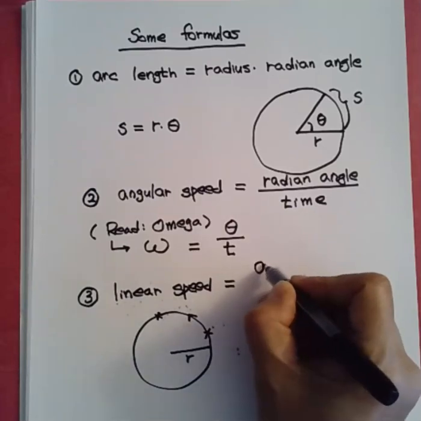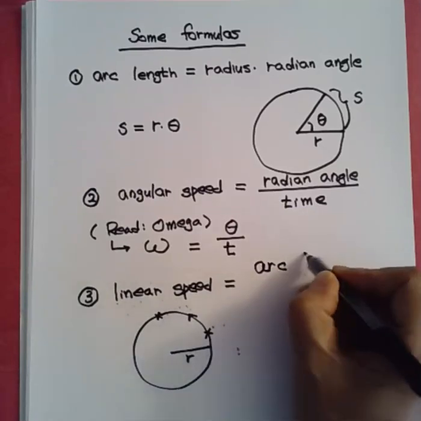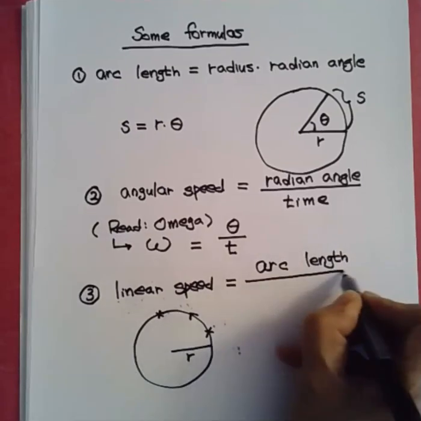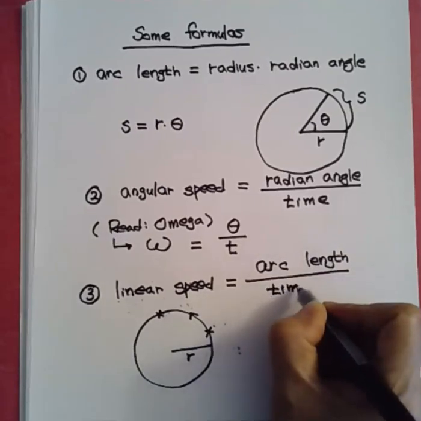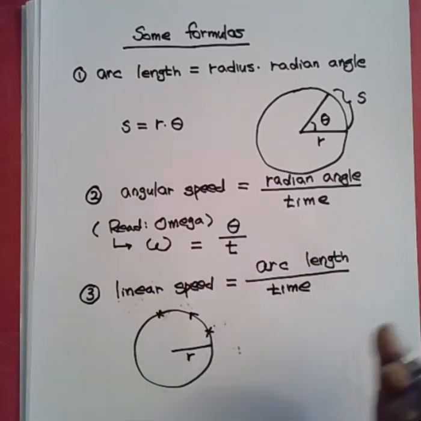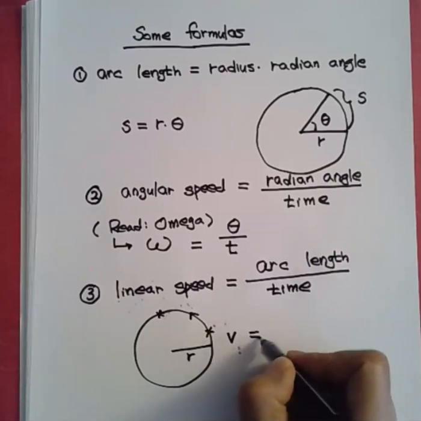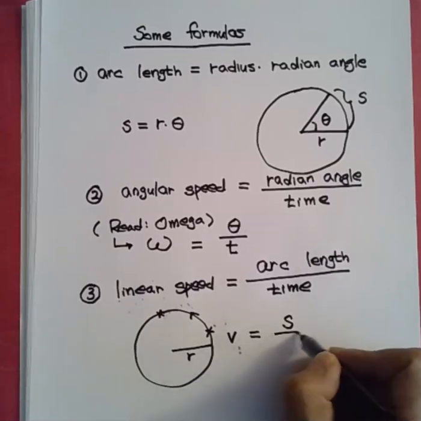So the formula goes like arc length divided by time. Arc length was denoted by S, so linear speed V equals S over T.